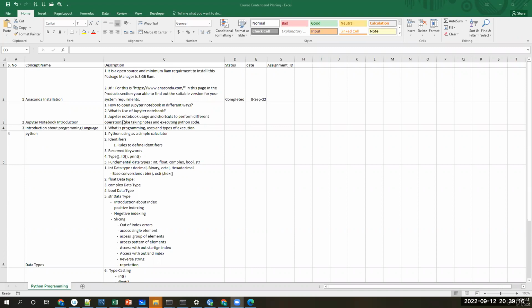Or does anyone have any doubts? How to open Jupyter notebook in different ways? If you're not aware or if we didn't discuss it, please let me know.